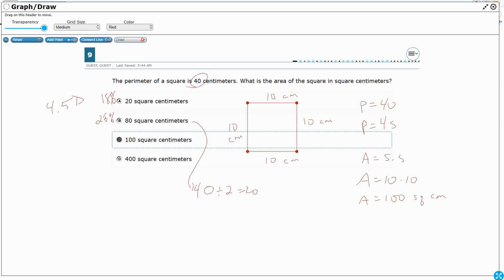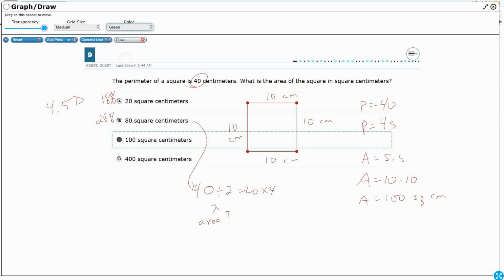And then instead of multiplying 20 times 20 to get the area, you just multiply it by 4 to get back to your 80. So it's kind of a weird, not really understanding what area is. It's kind of a perimeter. This is supposed to be area, even though that's not exactly how we find area. It's going to be what number times itself makes 40, not what number times 2 makes 40.